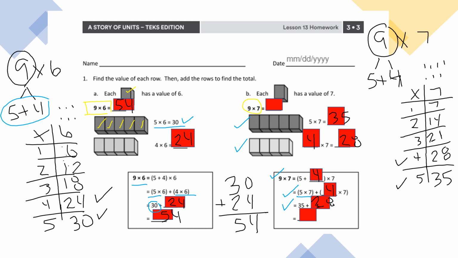Now we add those numbers together, 35 plus 28, and that will give us the solution to 9 times 7. 5 plus 8 is 13. Write our 3 in the ones place, carry the 1 to the tens place. 1 plus 3 is 4, plus 2 more is 6. So our answer here in the last blank is 63. And we go ahead and write our answer up here to the equation. 9 times 7 is 63.